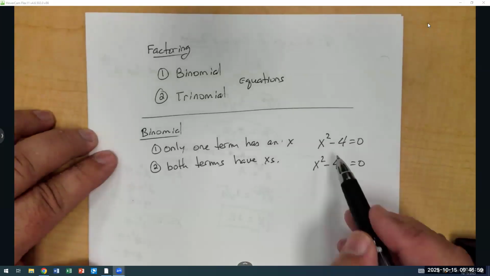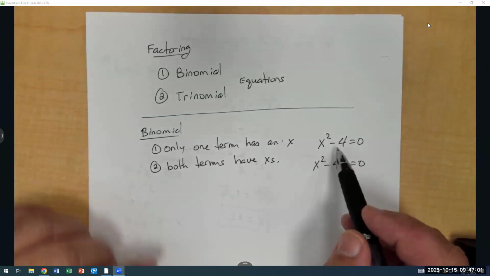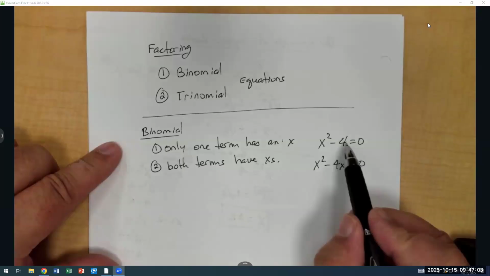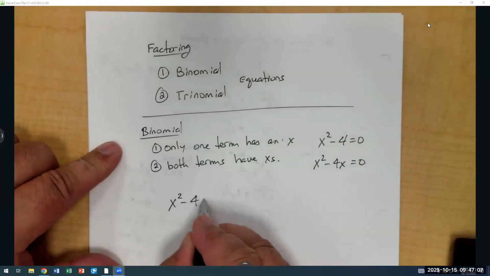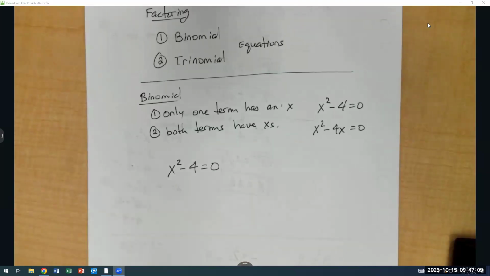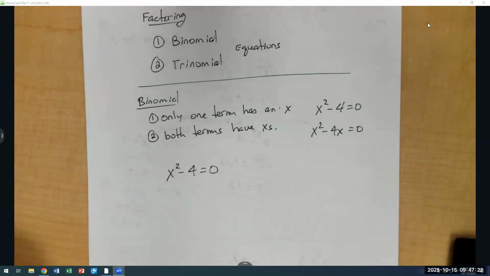So again, we're dealing with binomials. We only have 2 terms. If only one term has an x, how do we solve it? What are we supposed to get by itself?